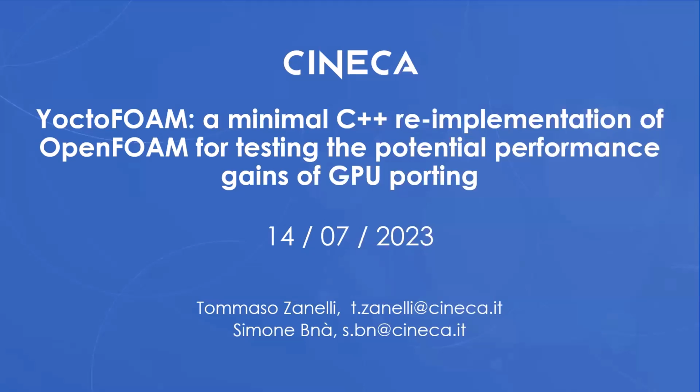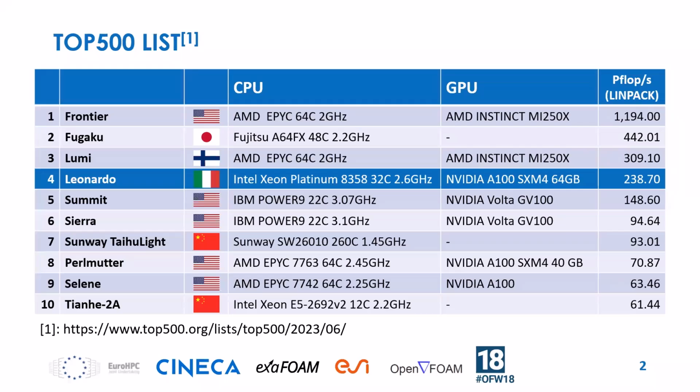Good morning, everyone. So let's move on, since we already had a mention of HexaFOAM. HexaFOAM aims at improving the performances of OpenFOAM on HPC infrastructure. Here is where we are at for HPC.